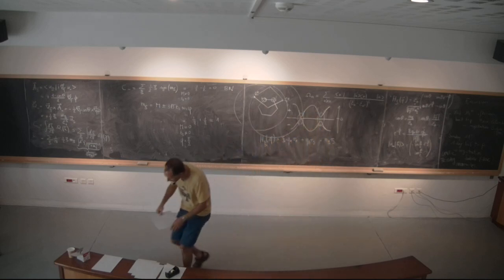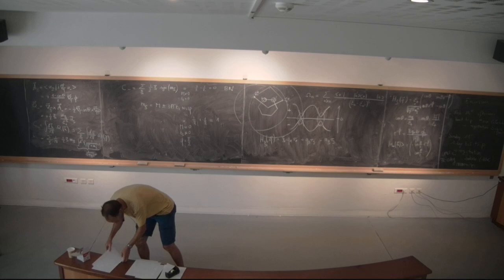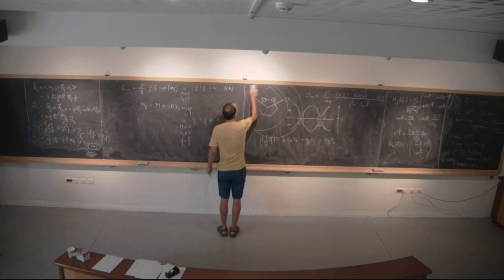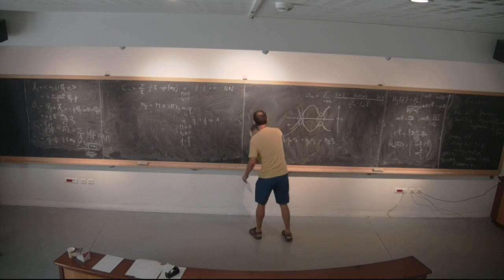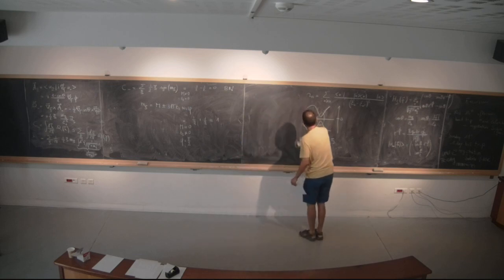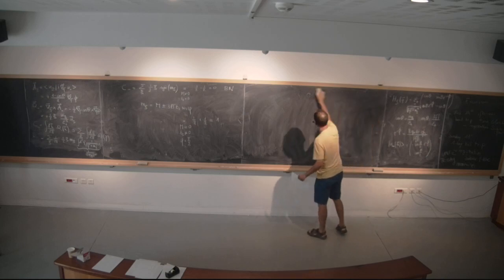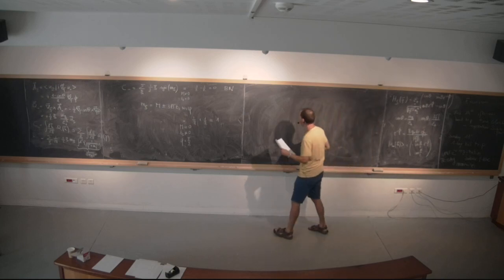So let me now draw the phase diagram for the Haldane model. Maybe I should have done this before. So there are two knobs.